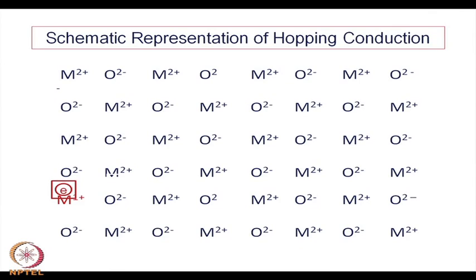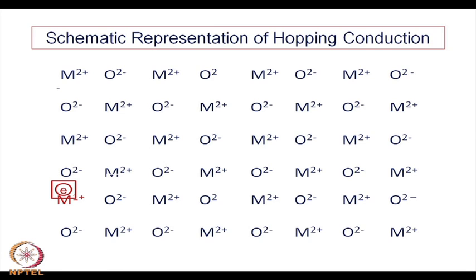In metals or semiconductors, as we have mentioned earlier, the charges are relatively more free, whereas in an oxide semiconductor, the charges are much more strongly attached to the ion cores, and therefore the charge carrier here is really not a free hole or free electron; they are called polarons.